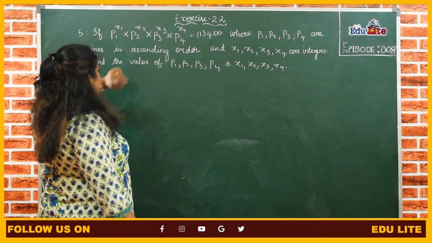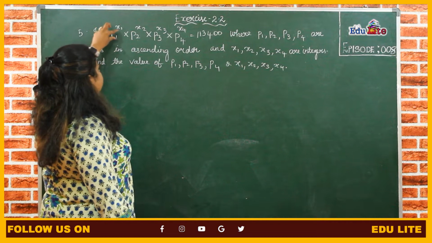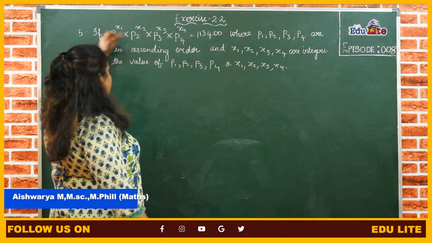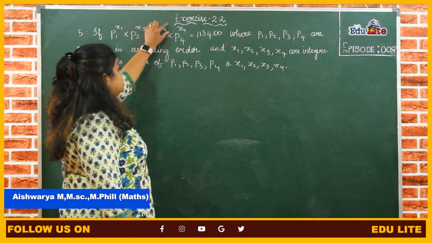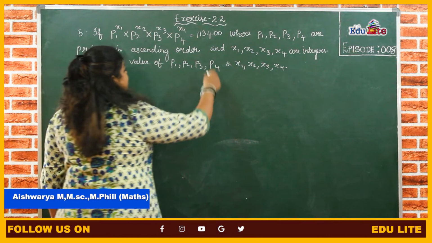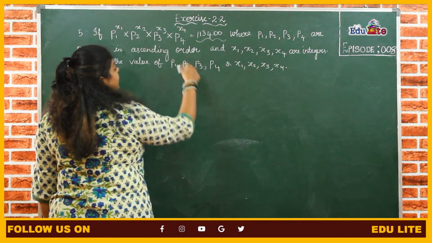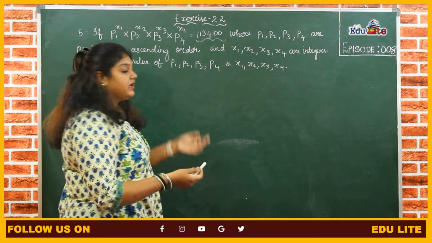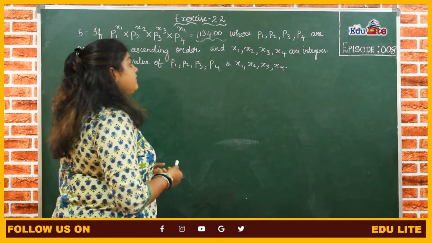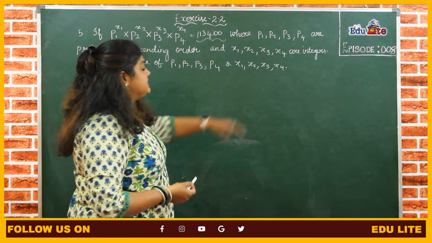Okay, so that has to be noted. Now we need to find the values of P1, P2, P3, P4 and x1, x2, x3, x4. What we have to do is express this number in such a format. Then we can compare the values we found with the format given in the question and find the values of all these 8 things.